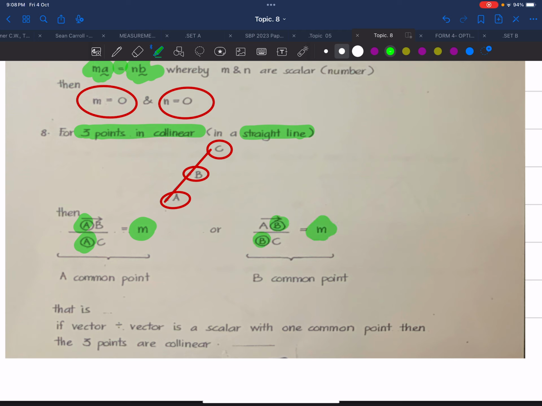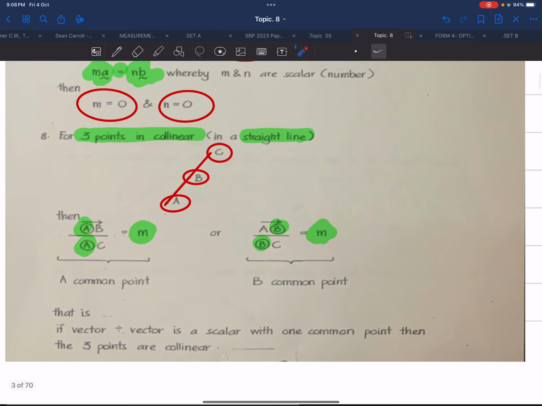So the lesson is, if 3 points are collinear in a straight line, vector divide by vector with one common point, you will get a number, which I have written here.